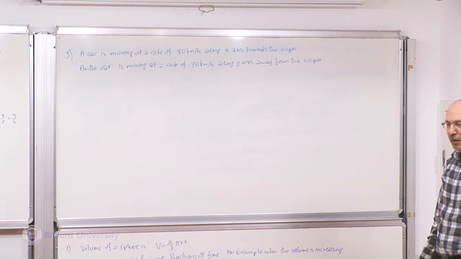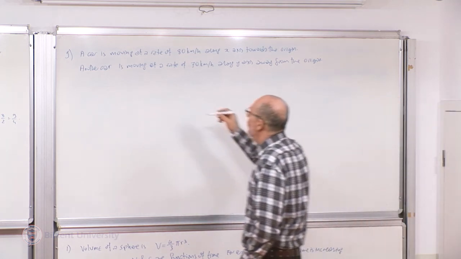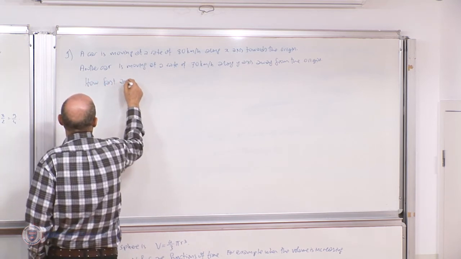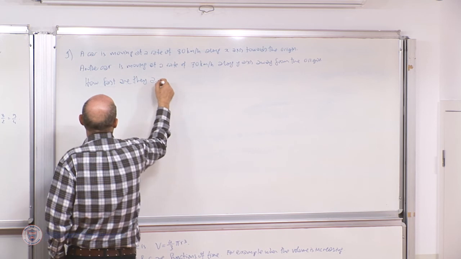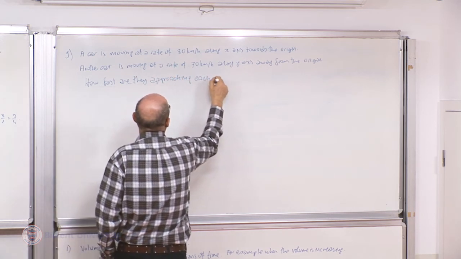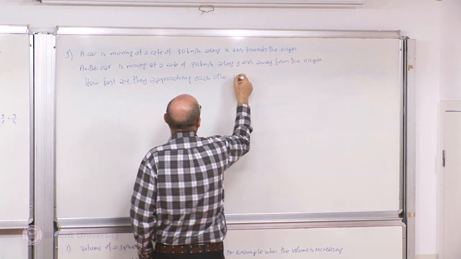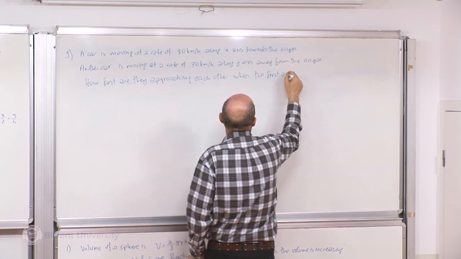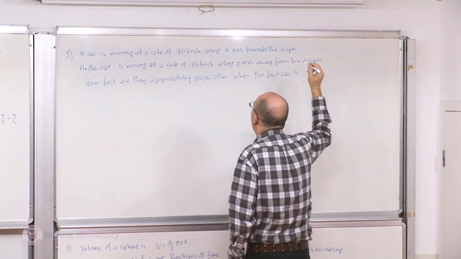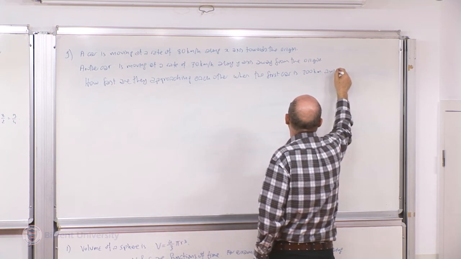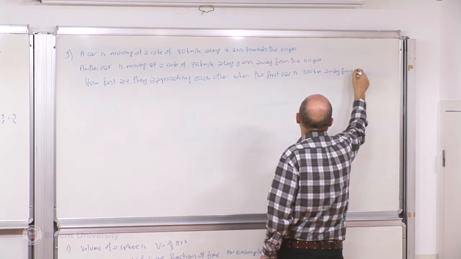So what can we ask? How fast are they approaching each other, when the first car is 200 kilometers away from the origin?